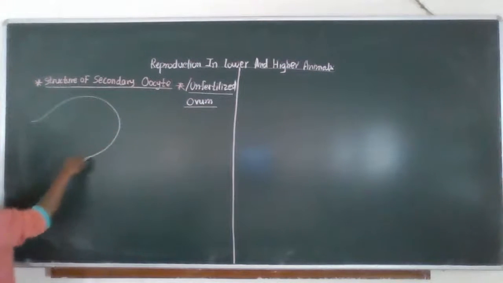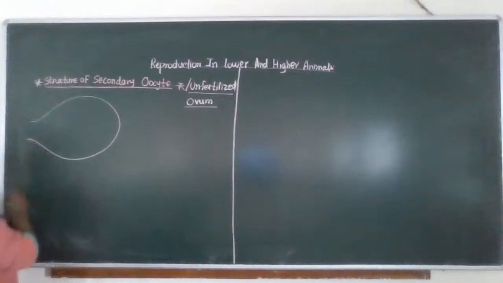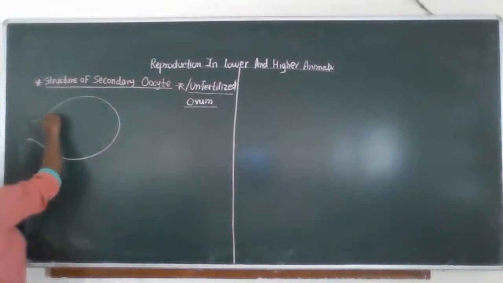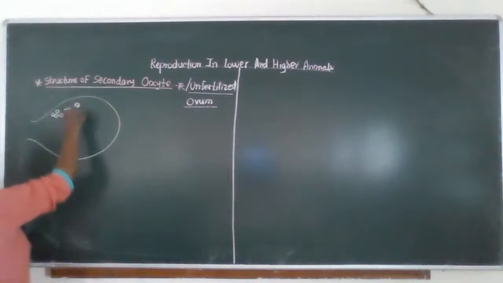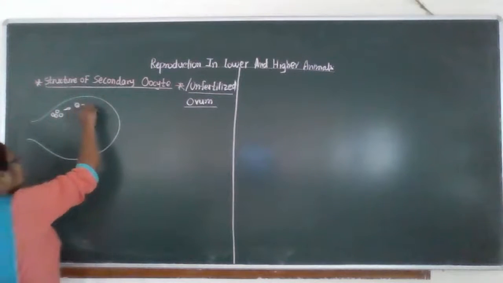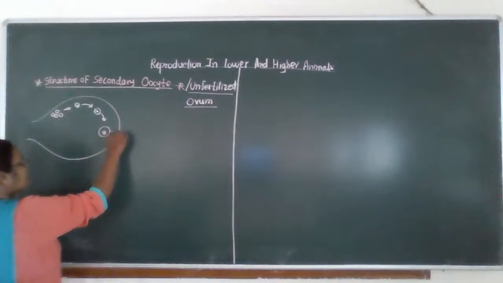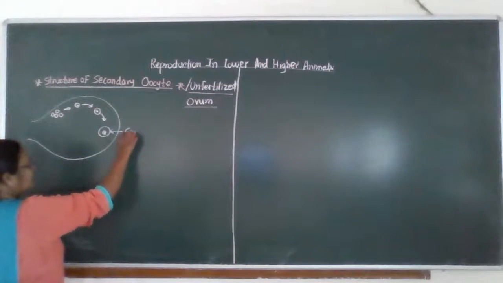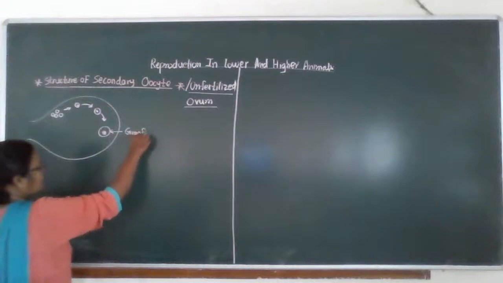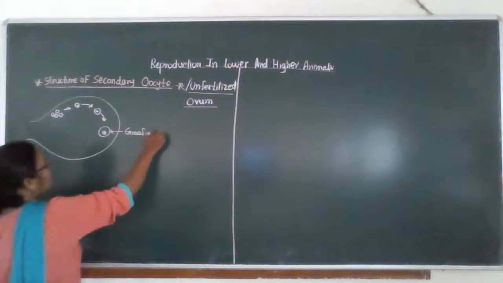This is the ovary, and as you know, these are the oogonium, then primary, secondary, and tertiary follicles. This tertiary follicle is called a Graafian follicle.